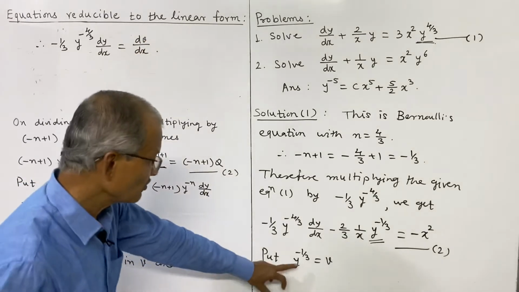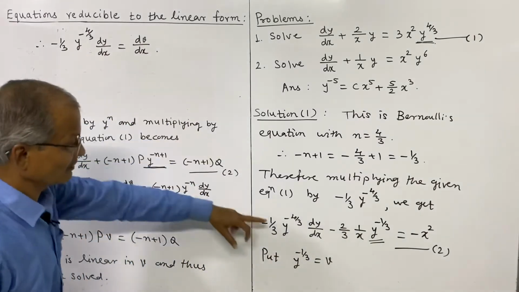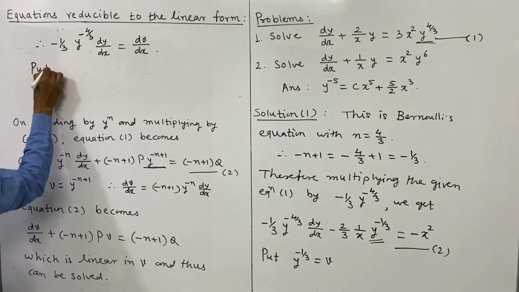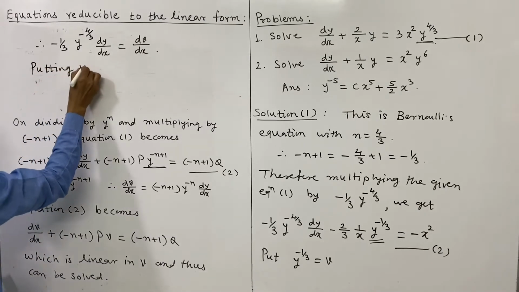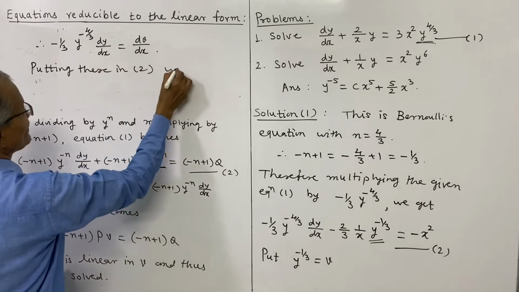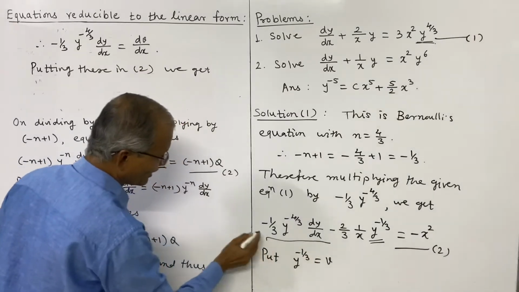So put these two values, the value of this term and this is exactly the first term. So putting this in 2, we get, now see, this is exactly dv by dx.